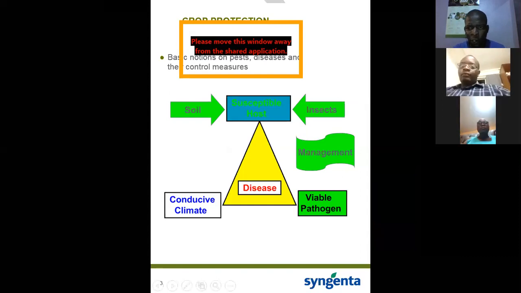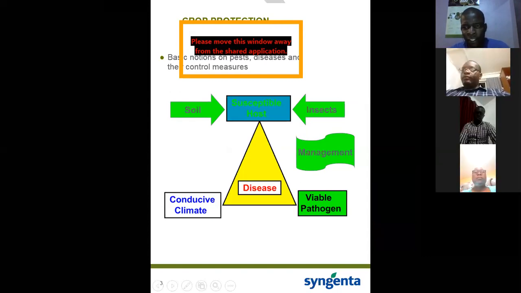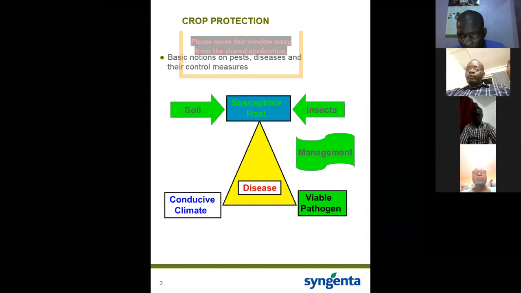So in order for a disease to occur, there must be three things. There must be a plant itself. Okay, let me try to mute all of you because I'm having some feedback.